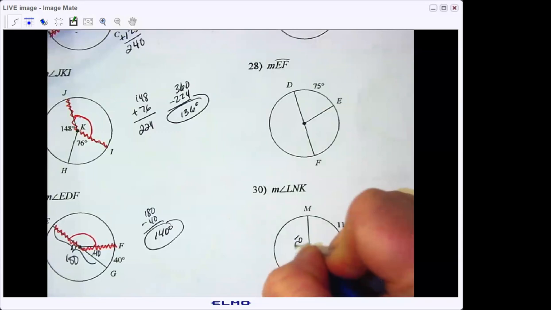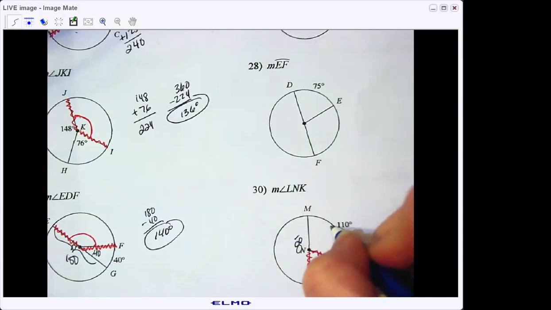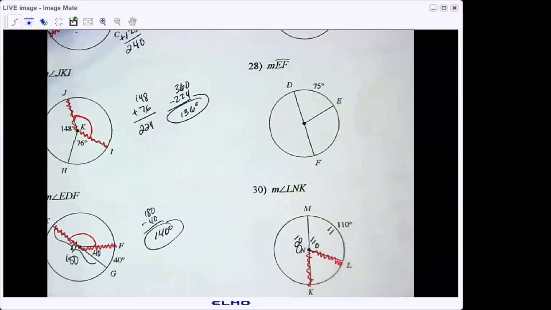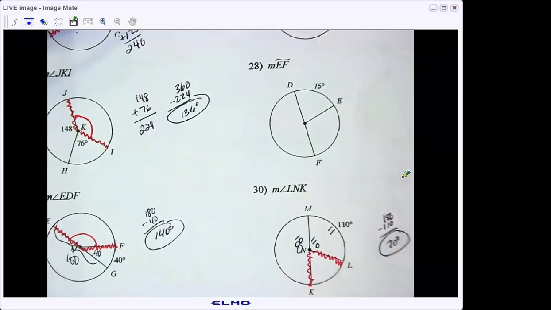This is 180. This arc is equal to its angle. Anybody else? In the chat box. Nice. Okay, so far everybody's gotten it. So 180 minus 110, 70 degrees, and you're done.